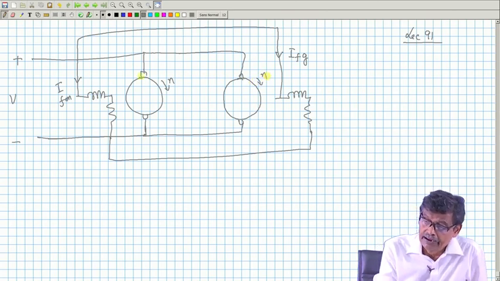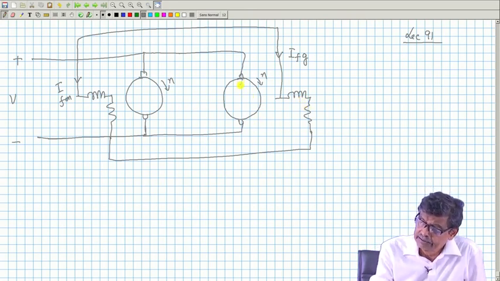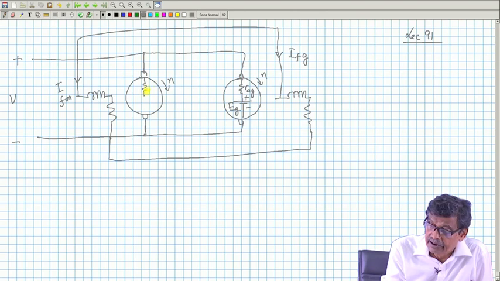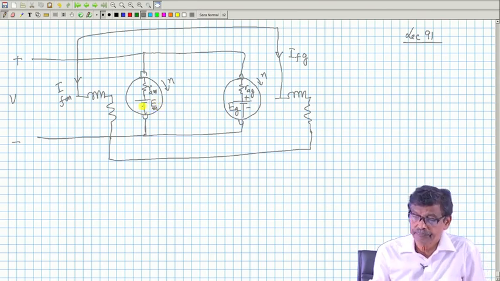And you adjust the field currents of this machine such that here is your RAG and the polarity of the voltage should be like this, this is EG, and similarly here it is RAM, with this polarity, and this is the back EMF of the motor, EM.